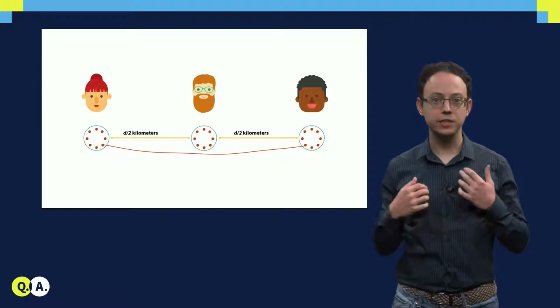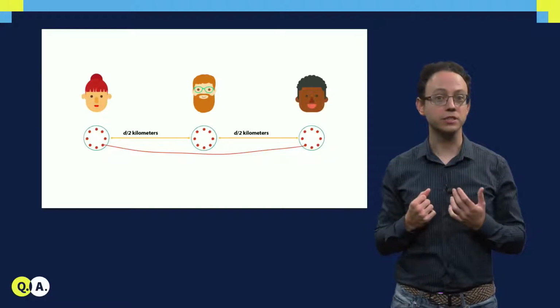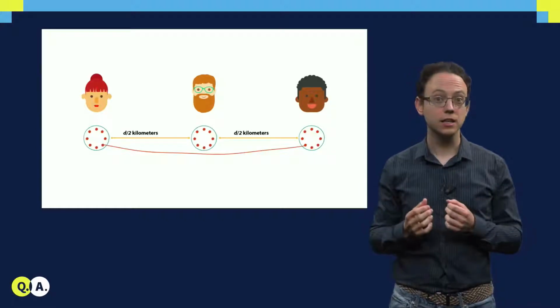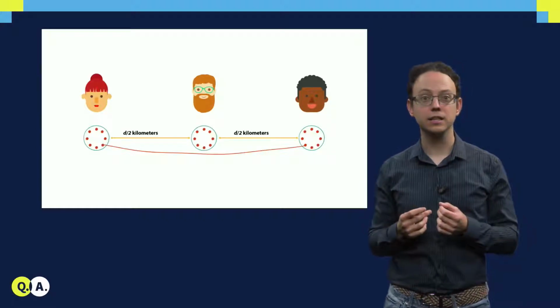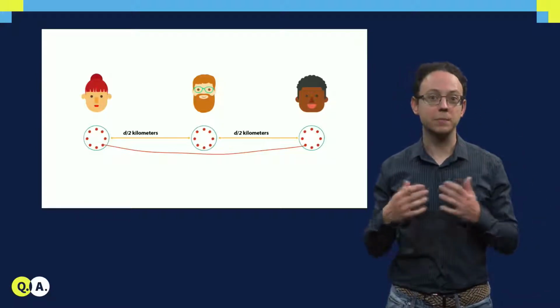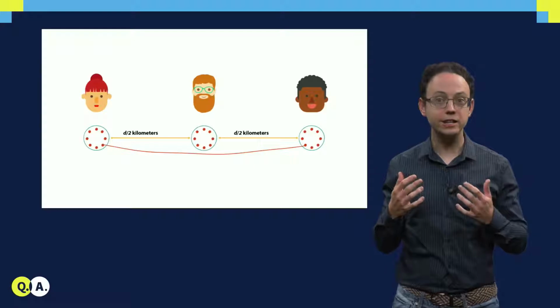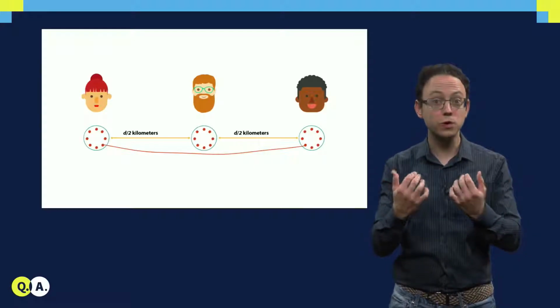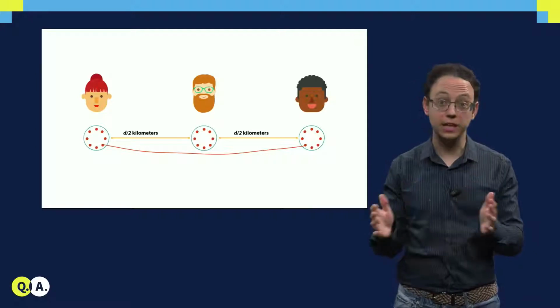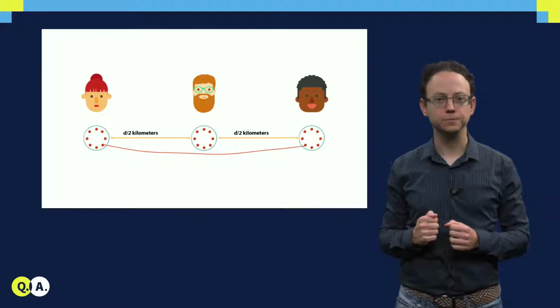The rate at which this repeater protocol produces entangled pairs is equal to the rate at which the short links produce entangled pairs. That is 10 to the minus d over 2 over tau, times the repetition rate. So this rate is equivalent to the one that we would obtain if the attenuation distance had doubled or if the length of the link had halved.